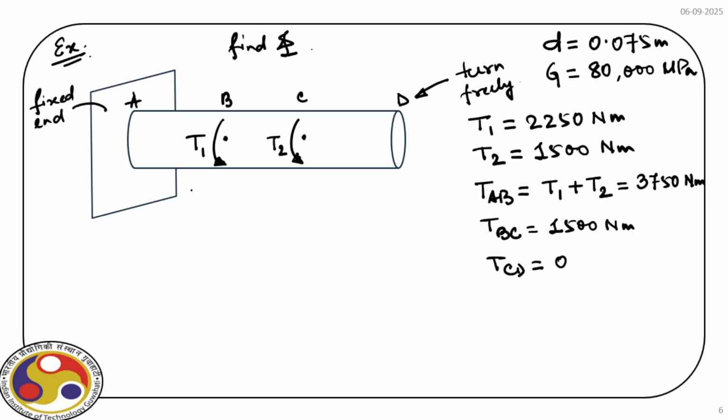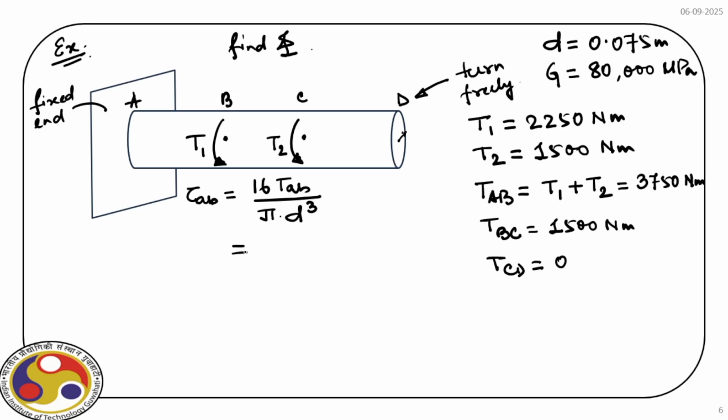Now we can calculate the amount of stress in the section AB. So tau AB is equal to, if you recall the expression, 16 TAB divided by pi times d cube. It is a circular cross section, so the maximum stress will develop at the edge, and for that we have this expression.